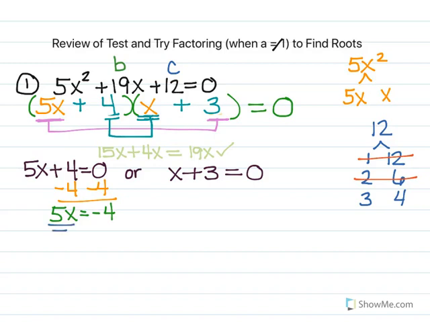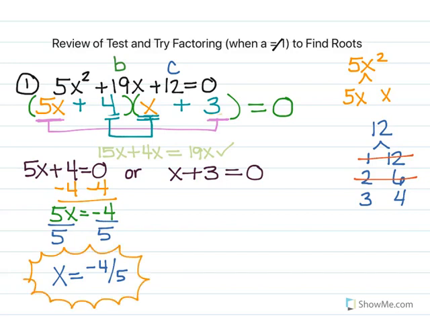And when you get x alone, in the last step you're going to divide both sides by 5, and you can make your answer a decimal or keep it as a fraction. I personally prefer fractions, so one of my x values is going to be x equals negative 4/5.